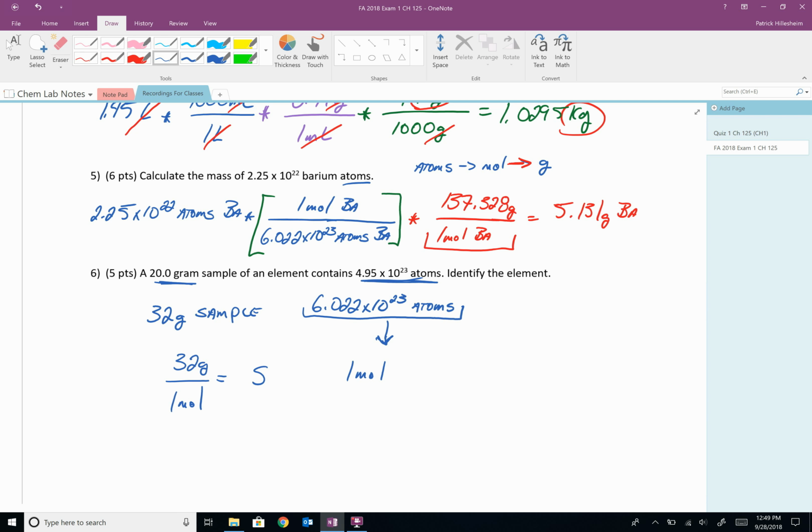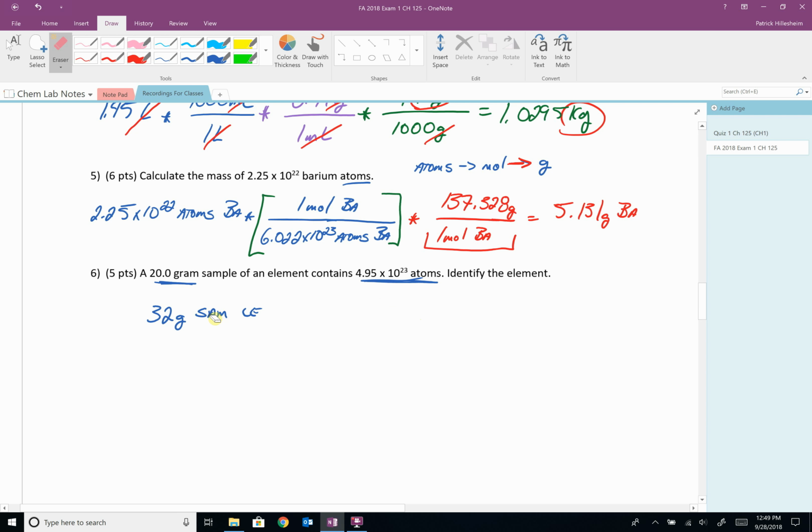So we're going to take the same approach for this problem. We're going to convert atoms into moles and then divide our grams by the number of moles to get units of grams per mole. Let me clean this up. Let's start that conversion.